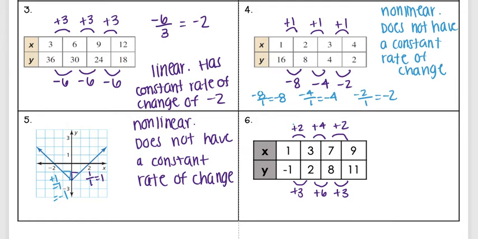Looking at this first column, I have 3 over 2. In the middle, I have 6 over 4. However, this fraction is not reduced.